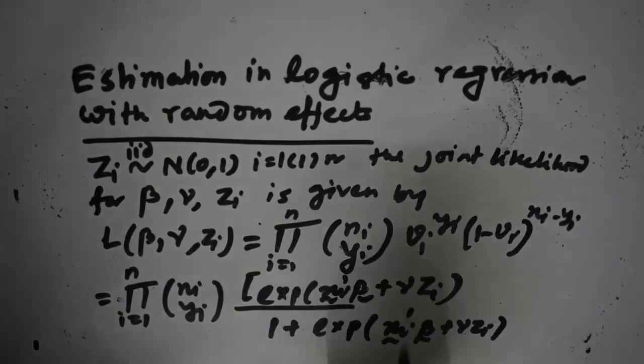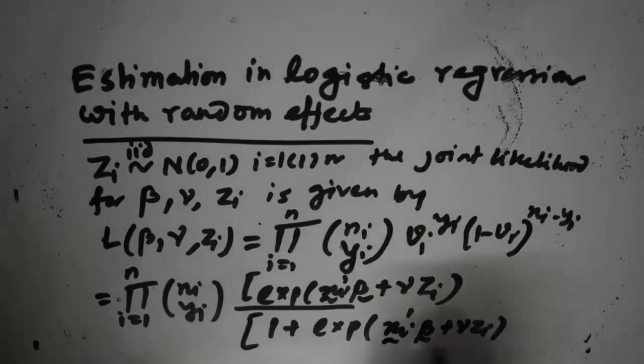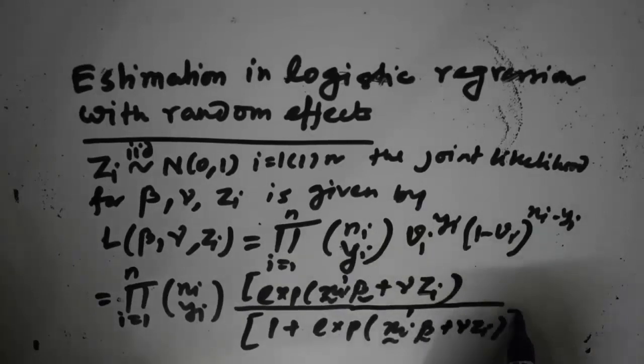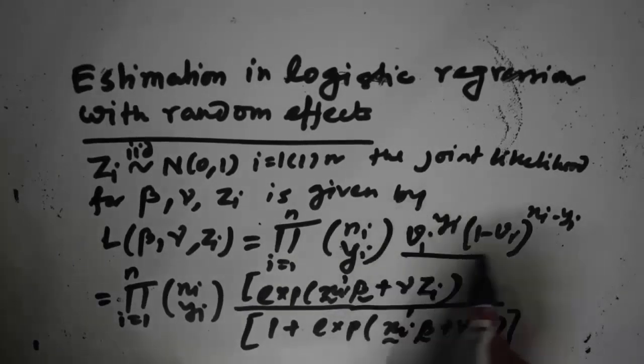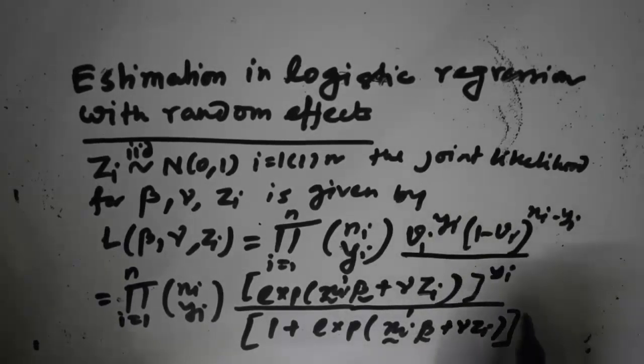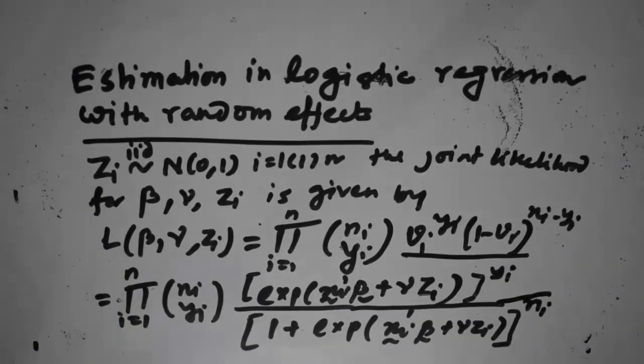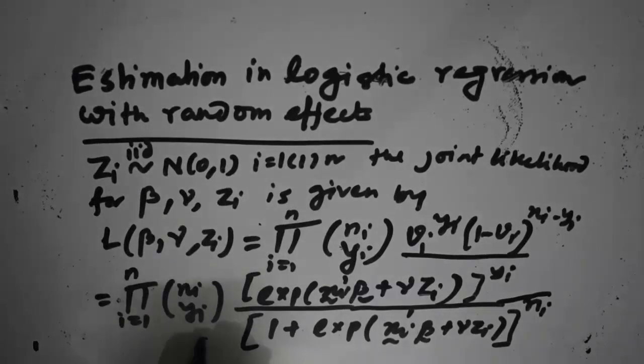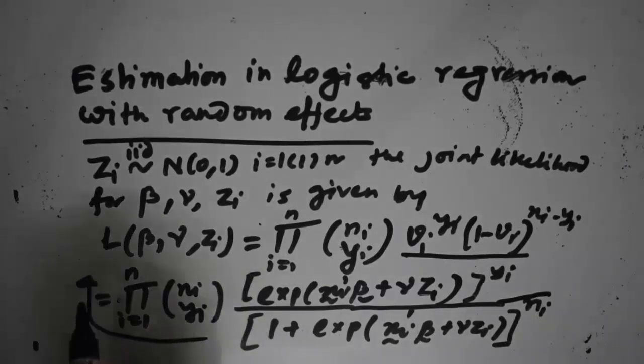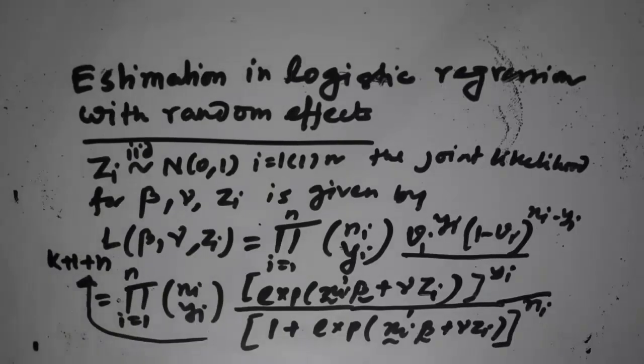Then this portion is whole to the power yi and this is whole to the power ni. So there are k plus 1 plus n parameters. So this is too many parameters.